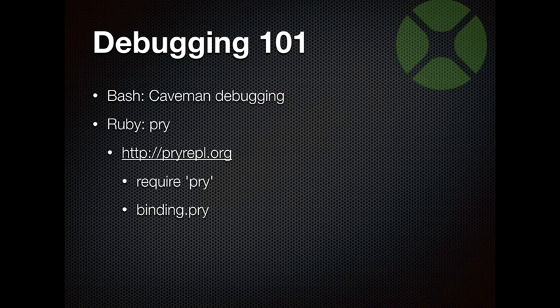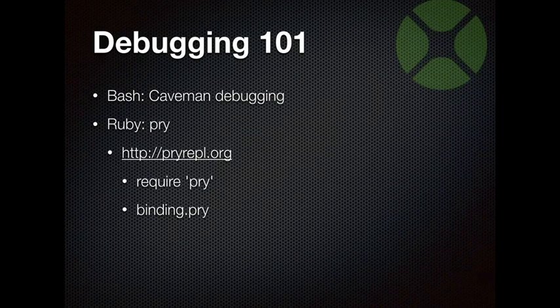Now, I haven't found a good way to debug on Python, because I'm not super expert on Python, but I do know that Ruby has a tool called pry. And what you can do, if you were to write this little IDE connect in Ruby, you could use the gem called pry, and in your Ruby script you'd say require pry, and then at some point in your script you just type binding.pry, and then your script's going to break into the interactive Ruby console, so IRB, and you will be able to explore, look at variables, look at the status of things, much like you would in a normal debugger.